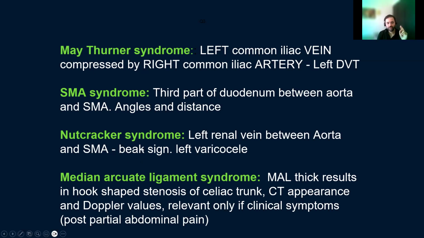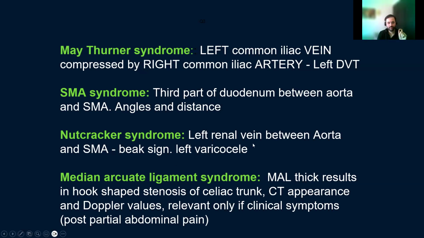And this is going to give rise to the typical beak sign that is described. Patients can sometimes present with a left-sided varicocele because the left renal vein is getting compressed, causing back pressure in the venous flow. The initial presentation could be testicular pain or left-sided scrotal pain. You do a workup for the left varicocele, and then it is diagnosed as nutcracker syndrome. So that's nutcracker syndrome.